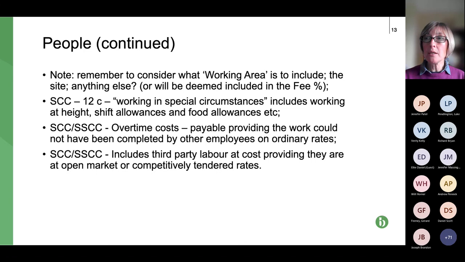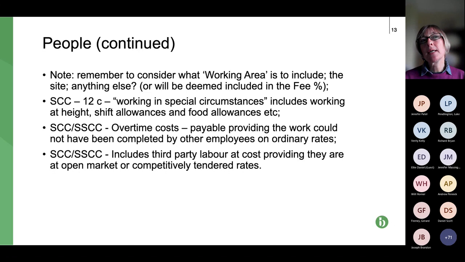So people continued in each of the schedules. That first bullet point is just the point we've been talking about, defining your working area, and the working area is defined in the contract data. So you do have the opportunity to negotiate that.